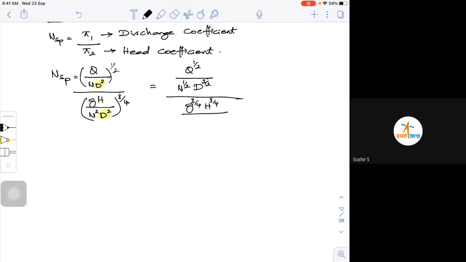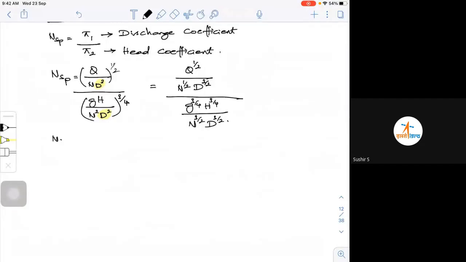So 6 by 4, that is 3 by 2. Now the d terms just cancel out.